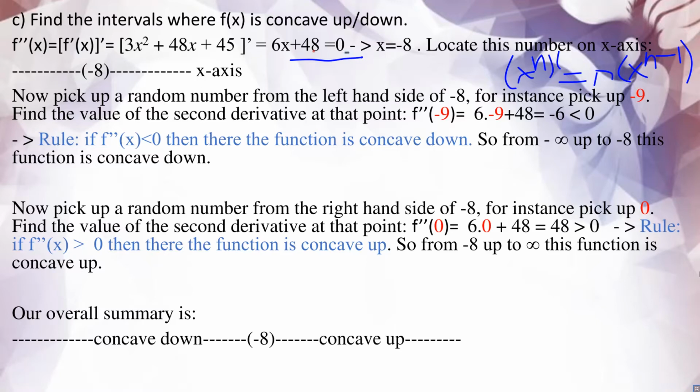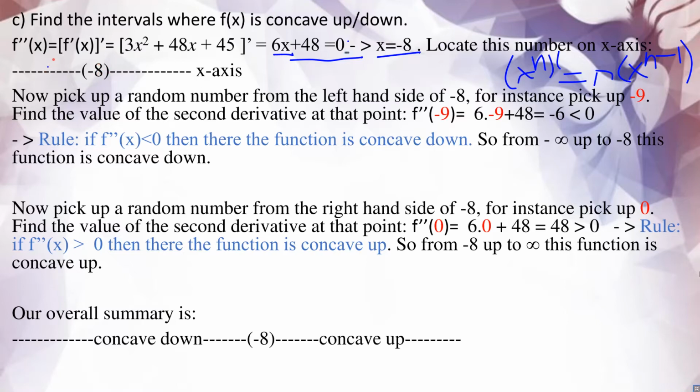Now, 6x plus 48 equals 0 means if you take this plus 48 to the other side as minus 48 and divide both sides by 6, your x is going to be minus 8. Okay? So locate this number on the x-axis as I did in the A part of this question. Just write minus 8 on the x-axis. Now, of course, this minus 8 divides the x-axis into two parts.